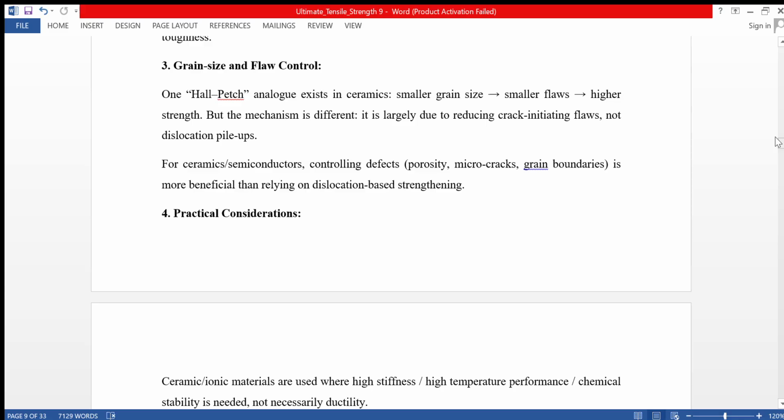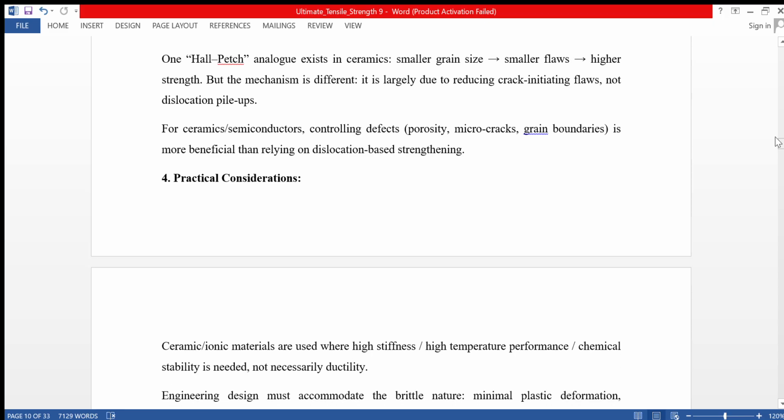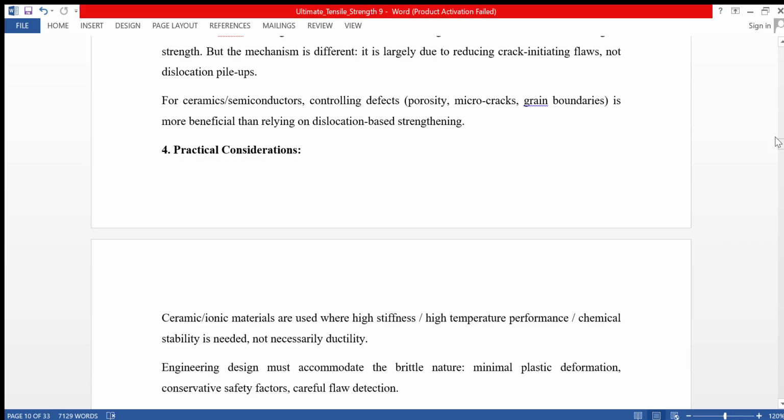Practical considerations: ceramic or ionic materials are used where high stiffness, high temperature performance, or chemical stability is needed, not necessarily ductility. Engineering design must accommodate the brittle nature, minimal plastic deformation, conservative safety factors, and careful flaw detection.